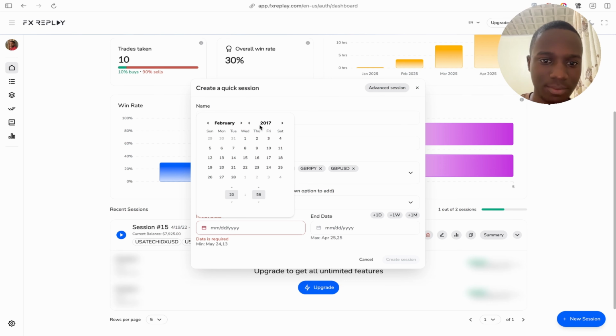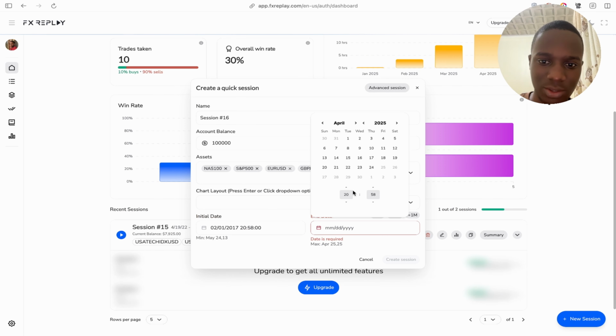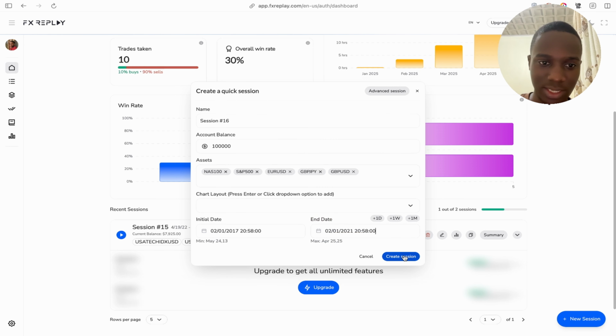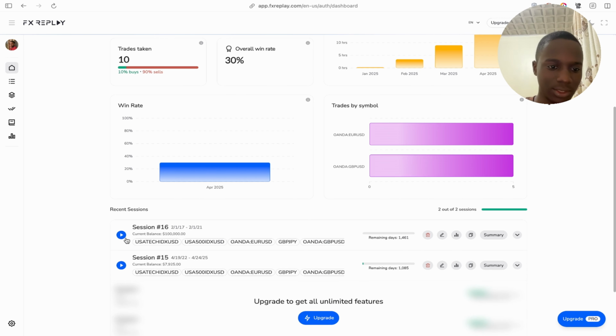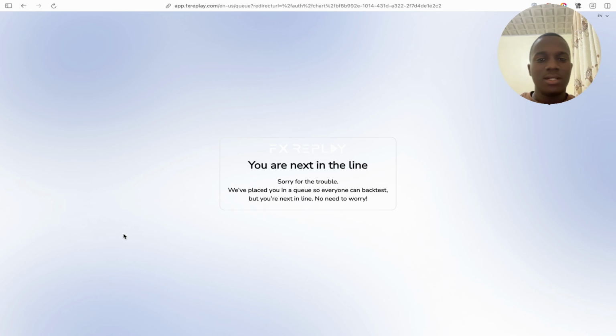So let's go here. January, so let's start with February actually. Then let's go to 2021 in February as well, and let's create our session. Right, session 16 is there. Let's backtest it. Quick back to back.